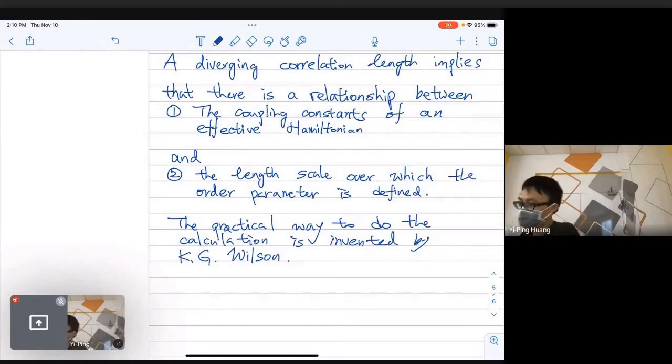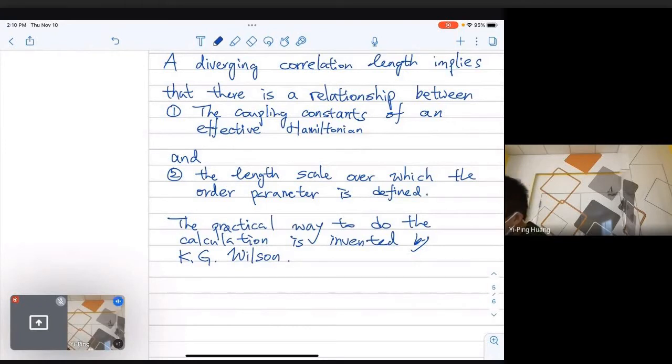And also not just how to calculate it, because once K.G. Wilson formulated the problem in a more precise way, the related interpretation about these physics became more clear after we formulated the problem in a more strict mathematical sense.